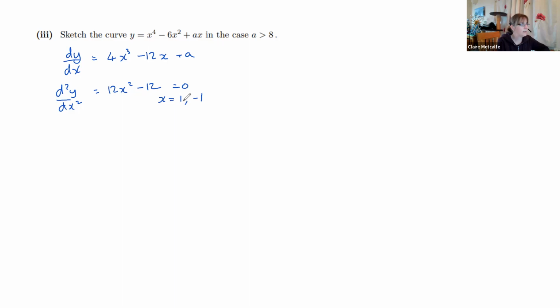When a is bigger than 8, then when x equals 1, dy by dx is equal to 4 minus 12 plus a, which is going to be bigger than 0. Okay, and then as x gets bigger than 1, that's going to keep increasing. Let's start drawing some axes over here with some stuff that we know.